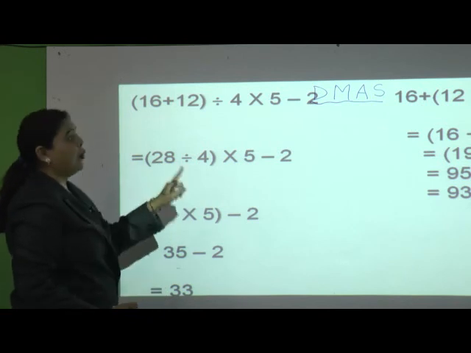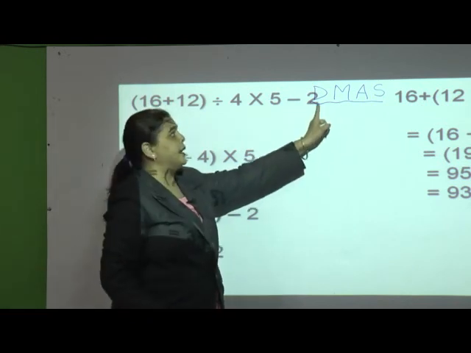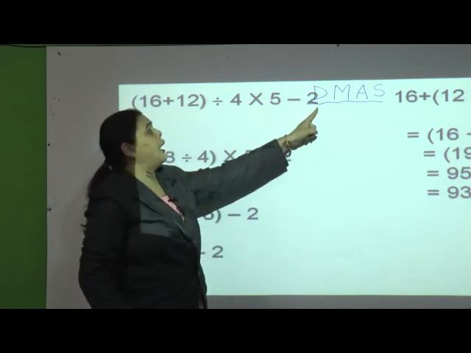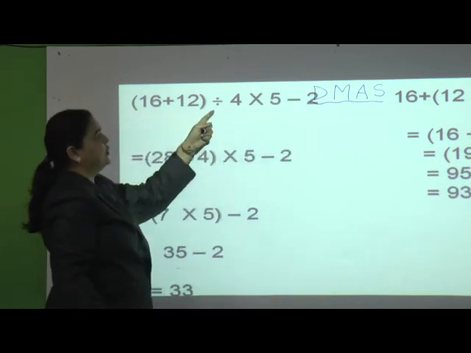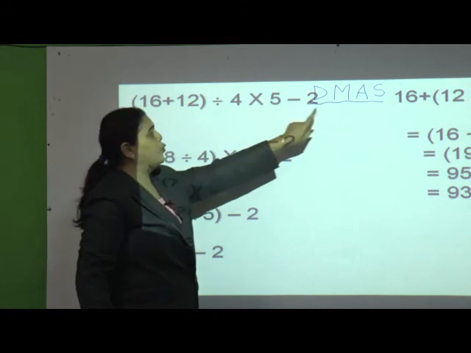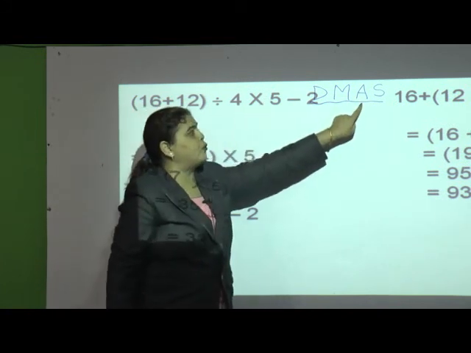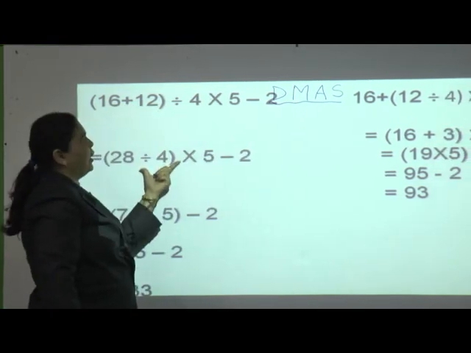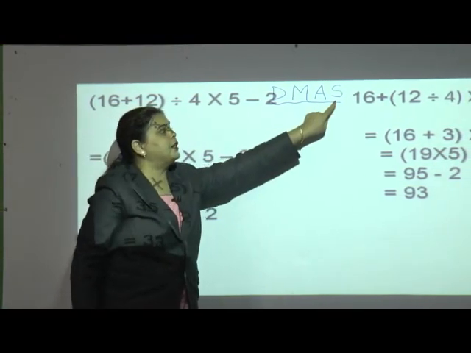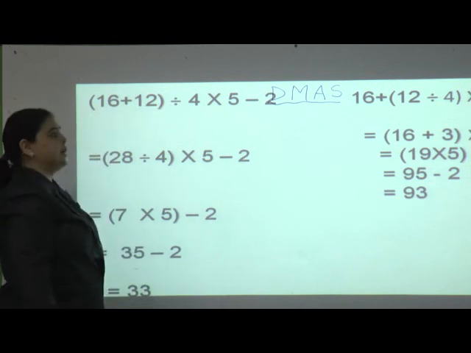Then we have to know our rule, that is DMAS. First we have to find the division, then next step we go for multiplication if we are having. After that multiplication we go for addition if we are having. If we don't have addition, then we can jump directly to subtraction.